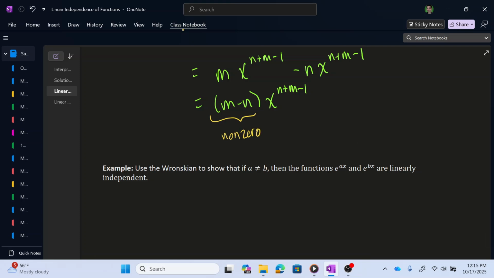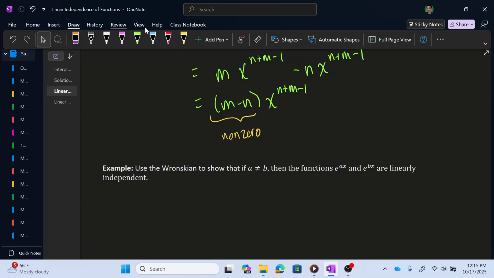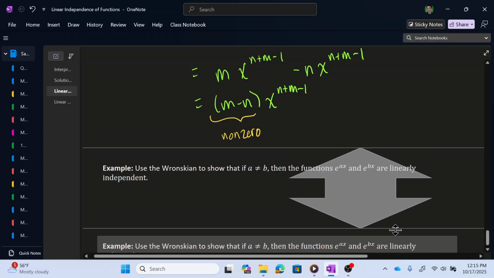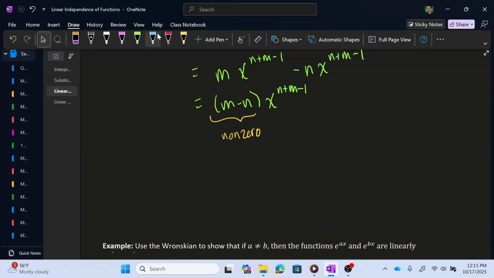As a result, we know that there's going to be at least one value of x that causes this quantity not to become 0 in the end. For example, if x is 1, then this is not equal to 0 because I would have 1 times m minus n. So that would be a non-zero product. As a result, we can say that this is not equal to the 0 function.